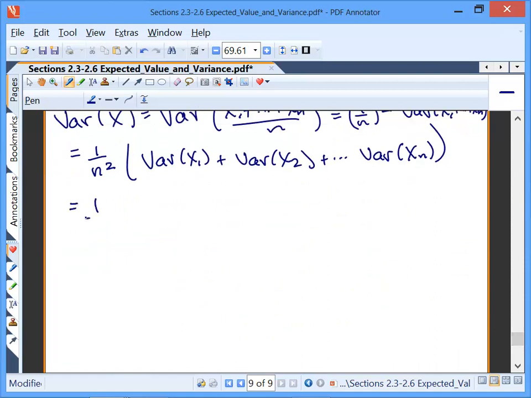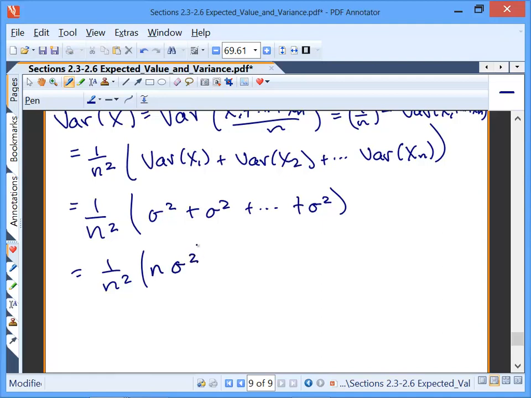Looking in the problem statement, what was the variance of each one of these random variables? It was sigma squared. So I have sigma squared plus sigma squared up to plus sigma squared. How many of the sigma squareds did I add up? n of them, so we have n sigma squared. And what happens with those n's?